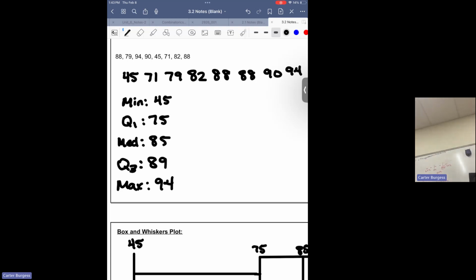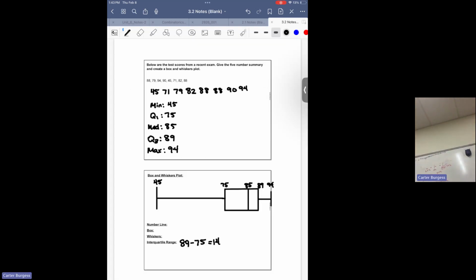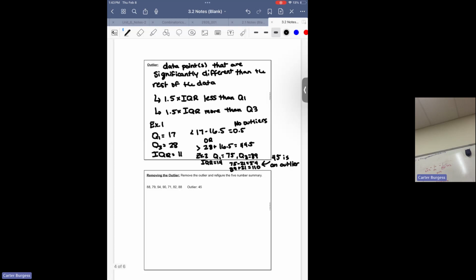Q3 was 89, the interquartile range 14, and we're looking for 1.5 times that interquartile range above Q3, 1.5 times that interquartile range below Q1, and anything outside of that is deemed an outlier.